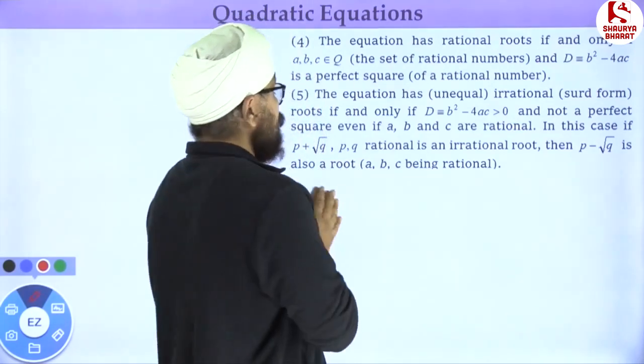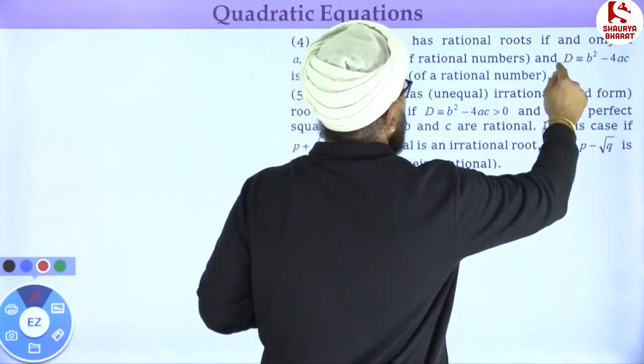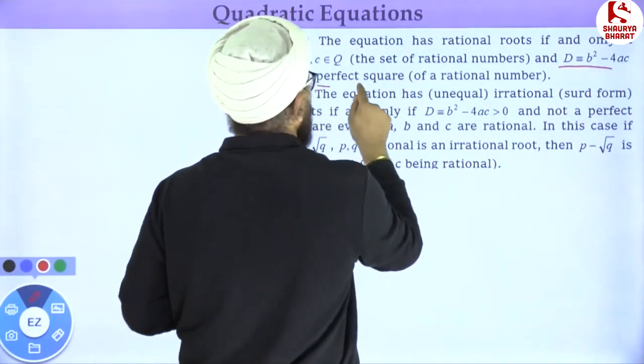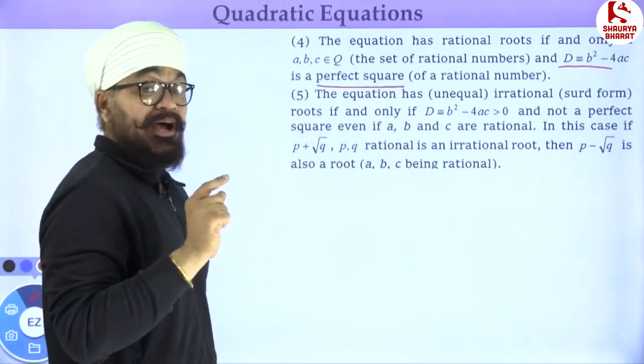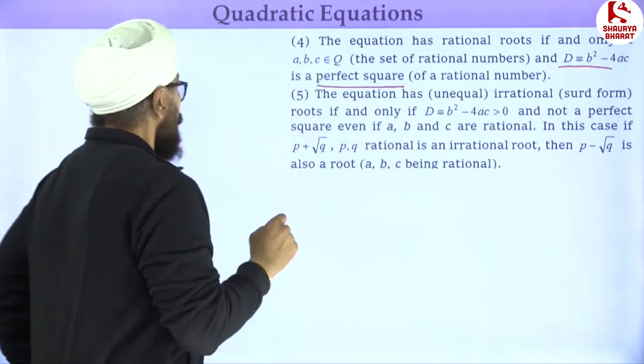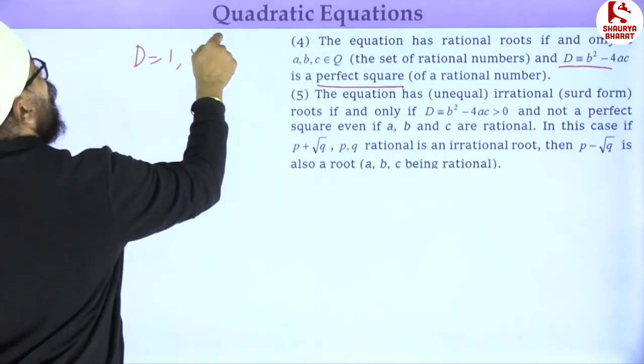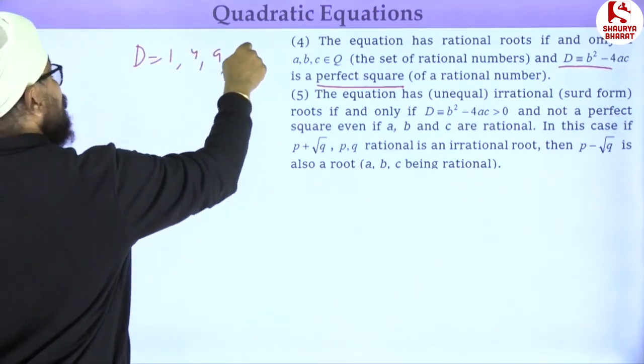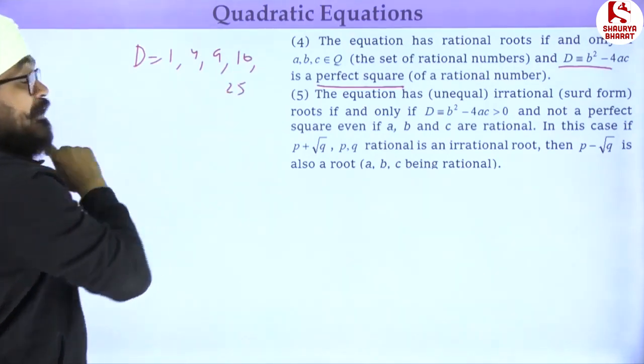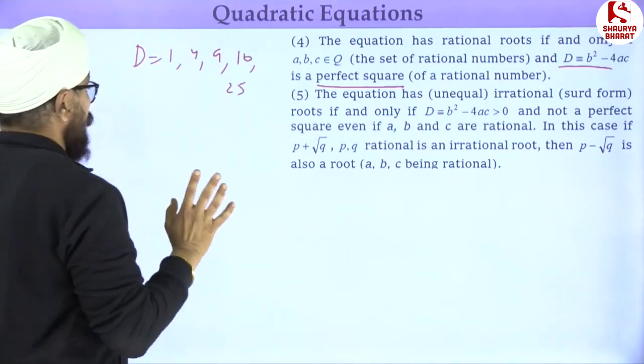The fourth one is when the discriminant is a perfect square. So if your D is equal to 1, 4, 9, 16, 25, it can be any number, but it is a perfect square.